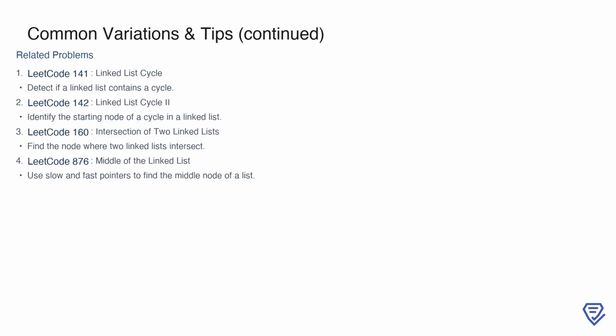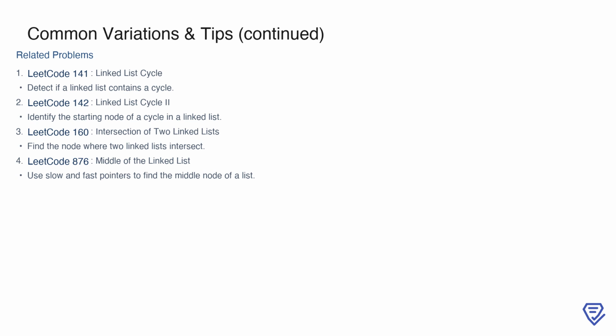There are also related problems that you should be aware of, as they often build on similar concepts. For instance, LeetCode 141, linked list cycle, focuses on simply detecting whether a linked list contains a cycle. LeetCode 142, linked list cycle 2, which we're discussing here, takes it a step further by asking you to identify the starting node of the cycle.